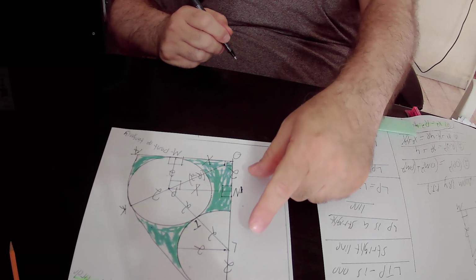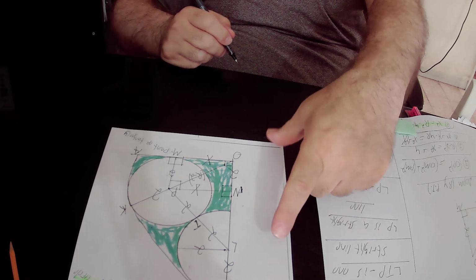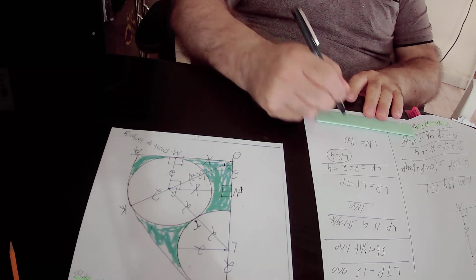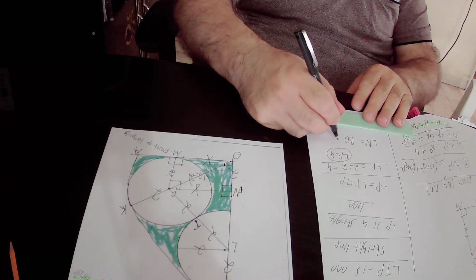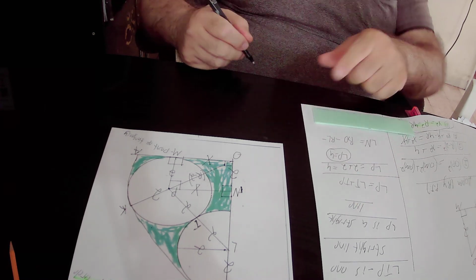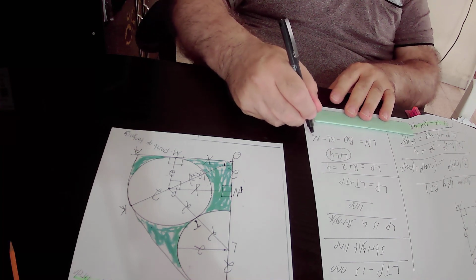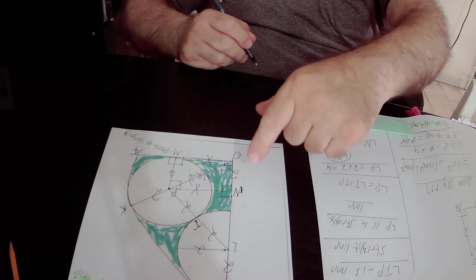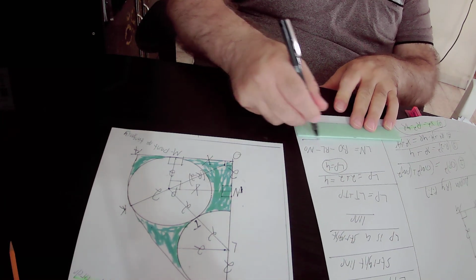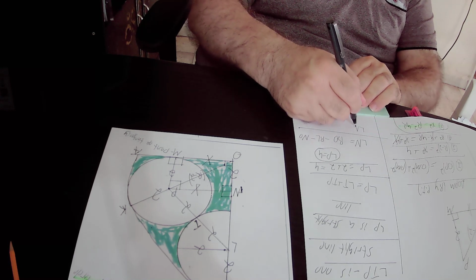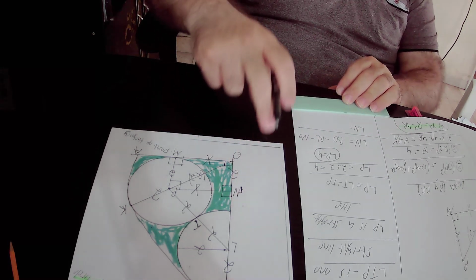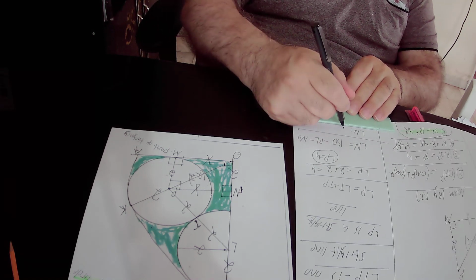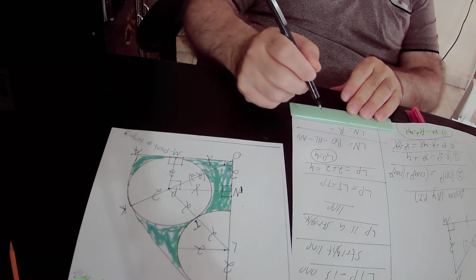It is very easy to see from the drawing that LN equals BO, that is the radius of the quarter circle, BO minus BL minus NO. Repeat again, LN equals BO minus BL minus NO. So the length of line segment LN is equal to BO, the radius of the quarter circle that is equal to capital R according to our definition, minus BL.